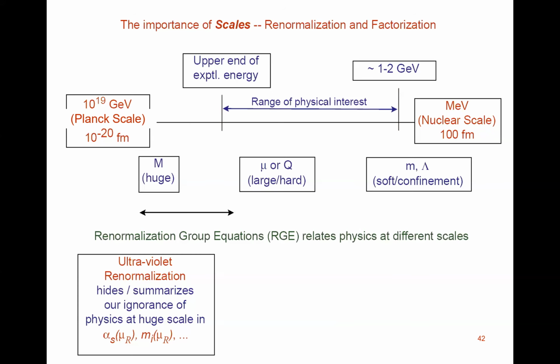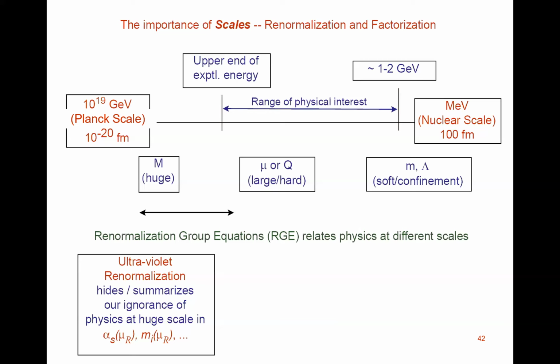Basically, factorization is needed if you have an observable that is not infrared safe. For some observables you actually don't need to do factorization, because the effect of factorization is kind of trivial. But for observables like, for example, the cross section for deep inelastic scattering, you must factorize effects of radiation with wavelengths much larger than the scale of our scattering of the photon on the partons.